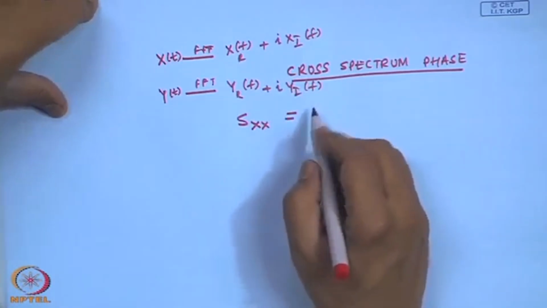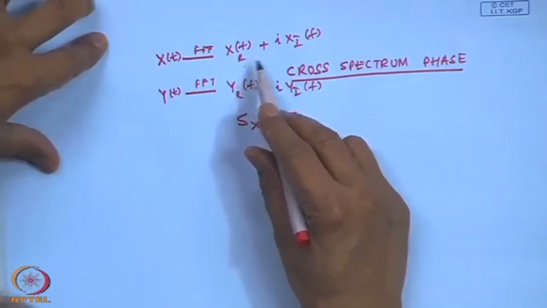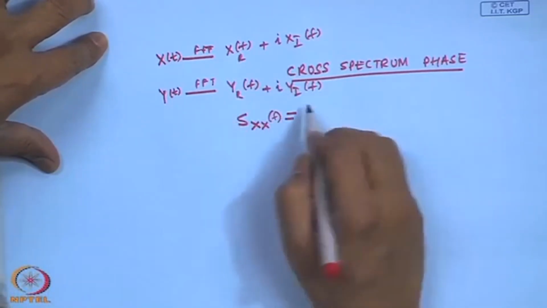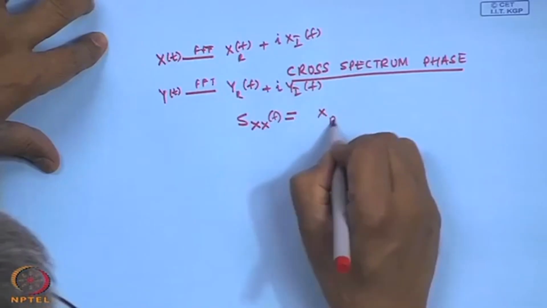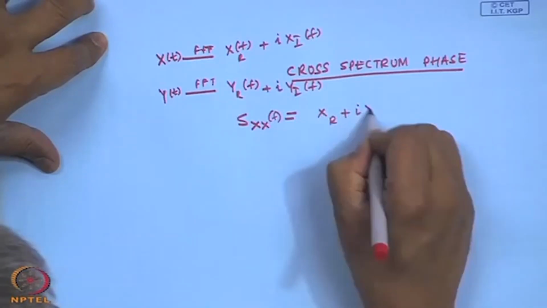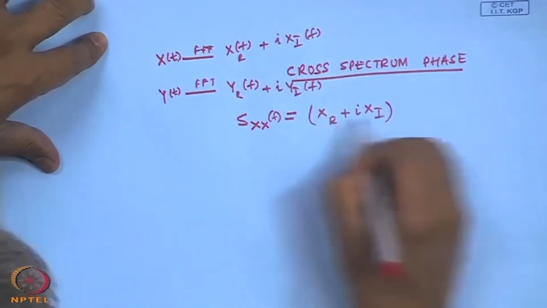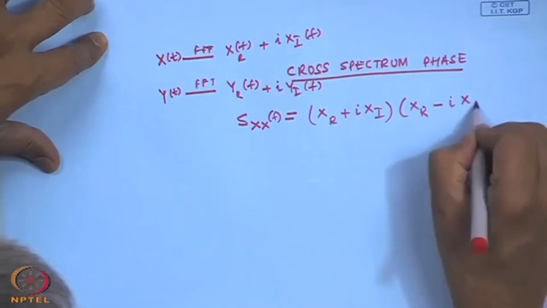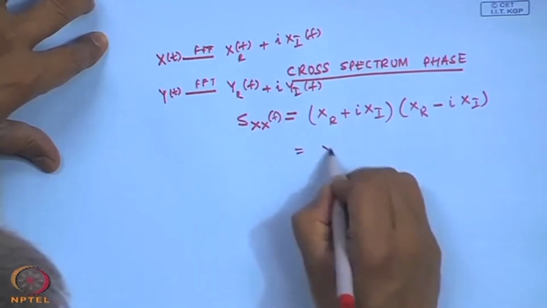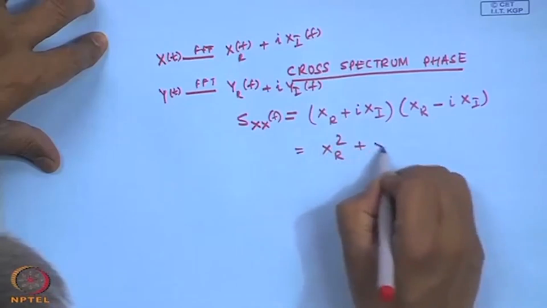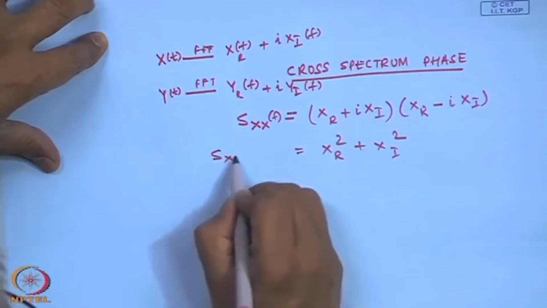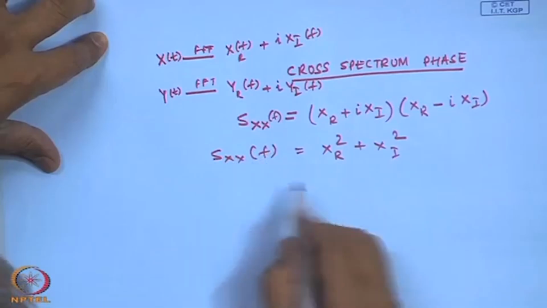So, Sxx, I will remove the f's here, these are all in the frequency domain, will be x r plus i x i times the conjugate, and this will be x r square plus x i square. So, this is the auto spectrum of the signal x.